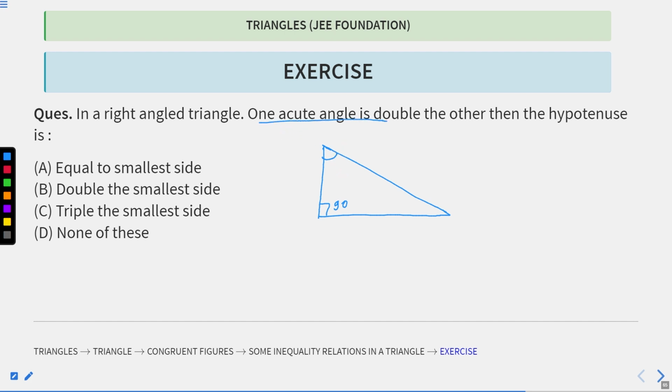One acute angle is double the other acute angle. That means if this is x, then this must be 2x. Then we need to know the relationship between the hypotenuse and the smallest side.